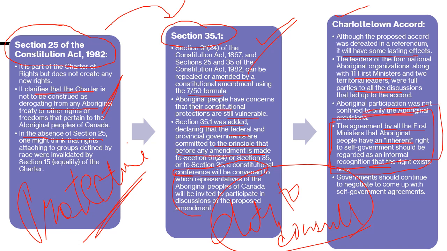So government should continue to negotiate to come up with a self-government agreement. So this thing, duty to consult and negotiation, is nothing new. Even before 1982, and with the Charlottetown Accord, that also recognized and time and again brought forth the ideas, the consultation, the opinions of Aboriginal ministers.